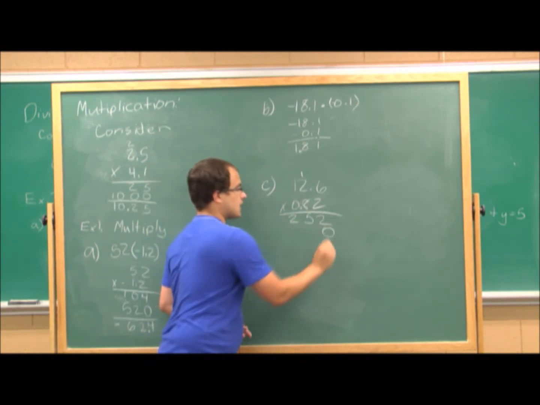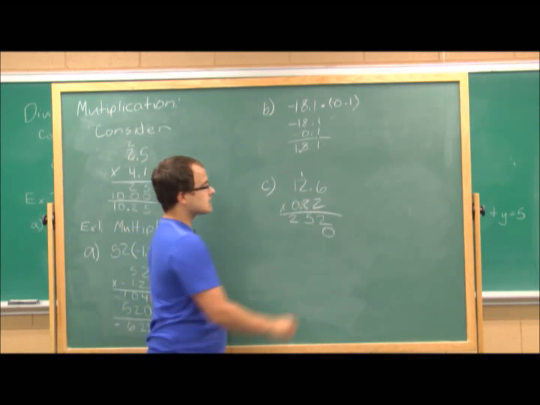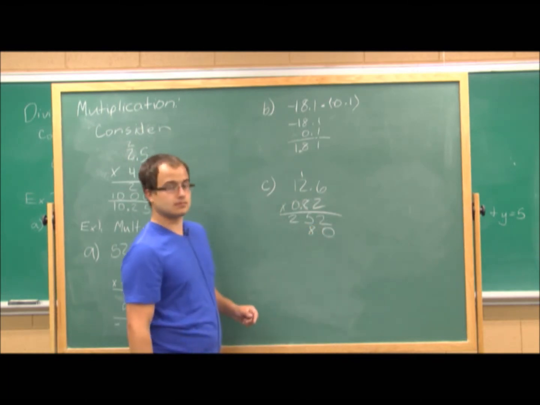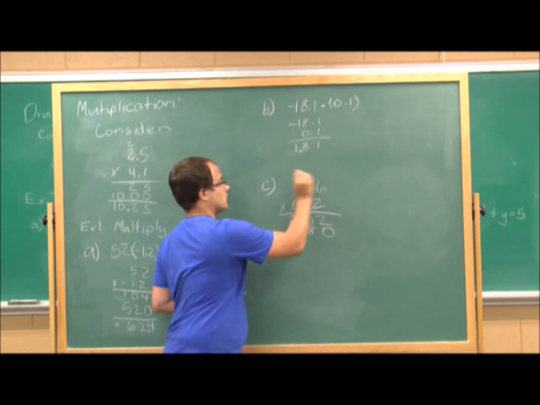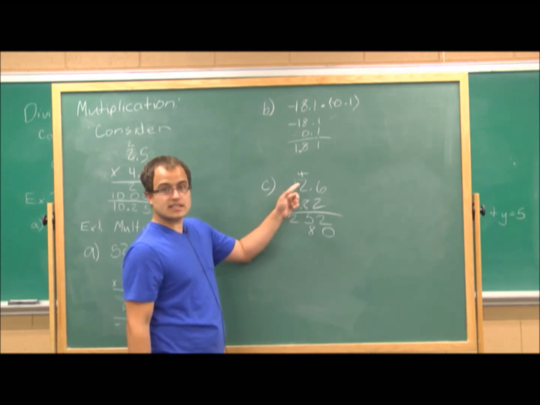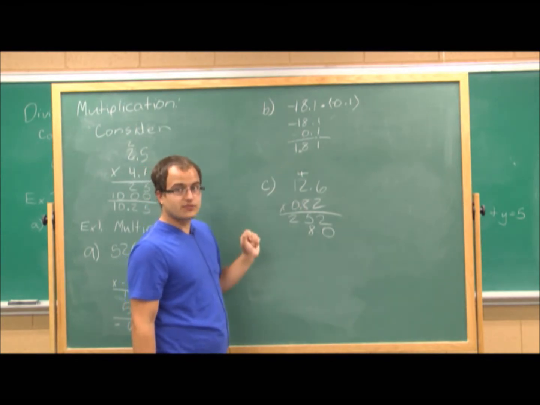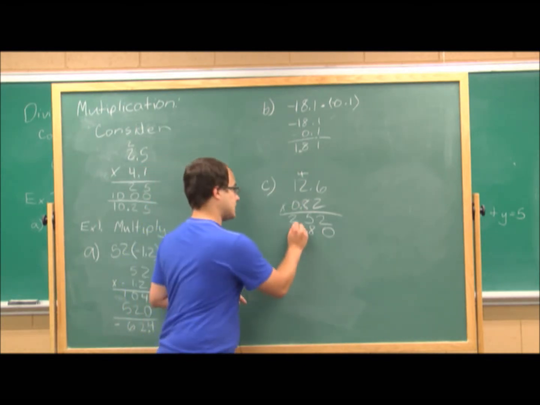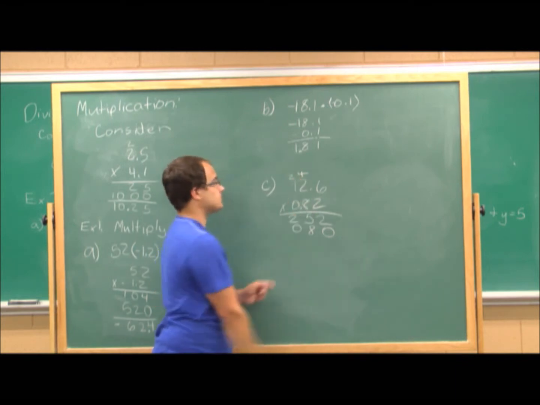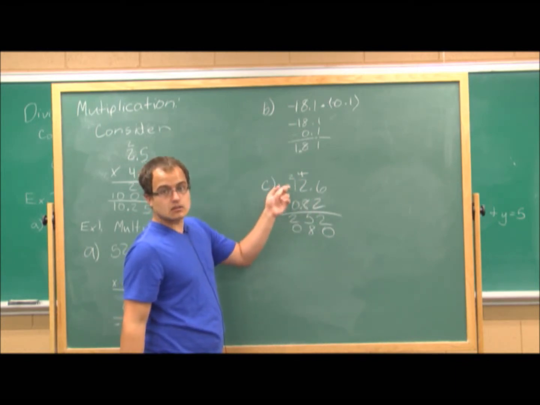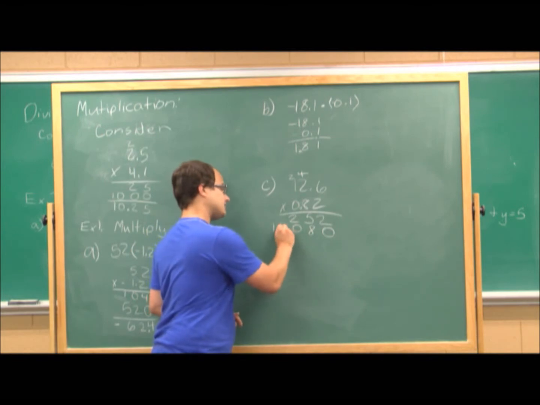Placeholder 0 for multiplication. 8 times 6 is 48. Carry the 4. 8 times 2 is 16, plus 4 is 20. Carry the 2. 8 times 1 is 8, plus 2 is 10.